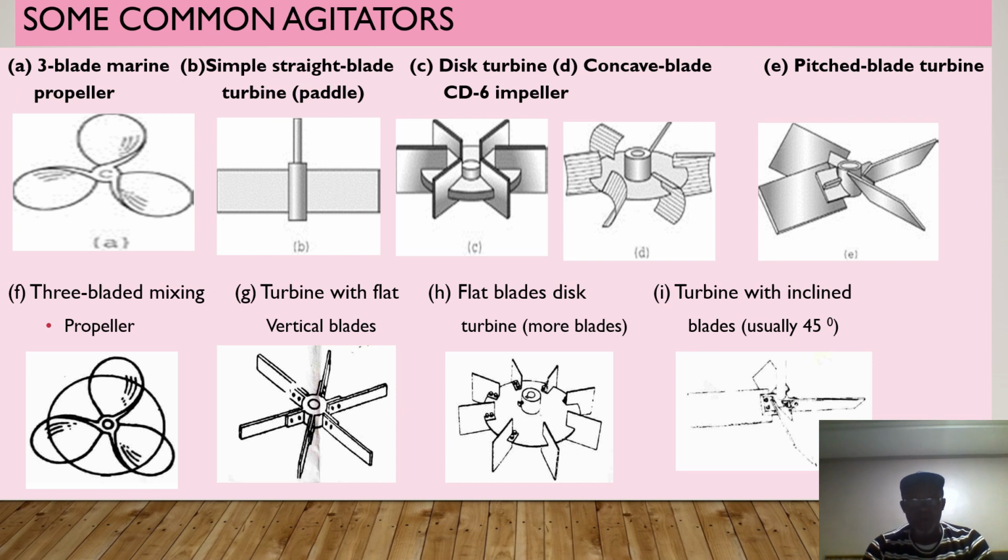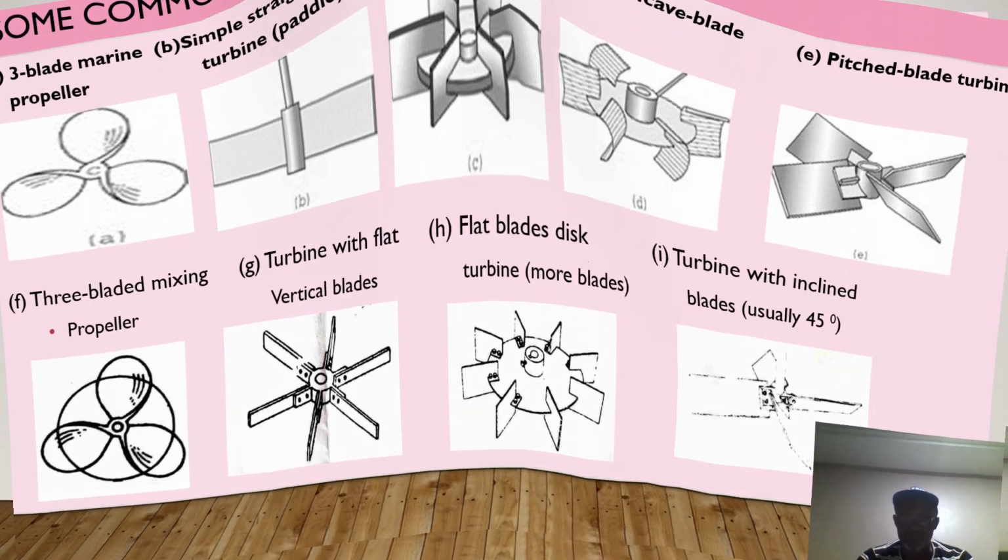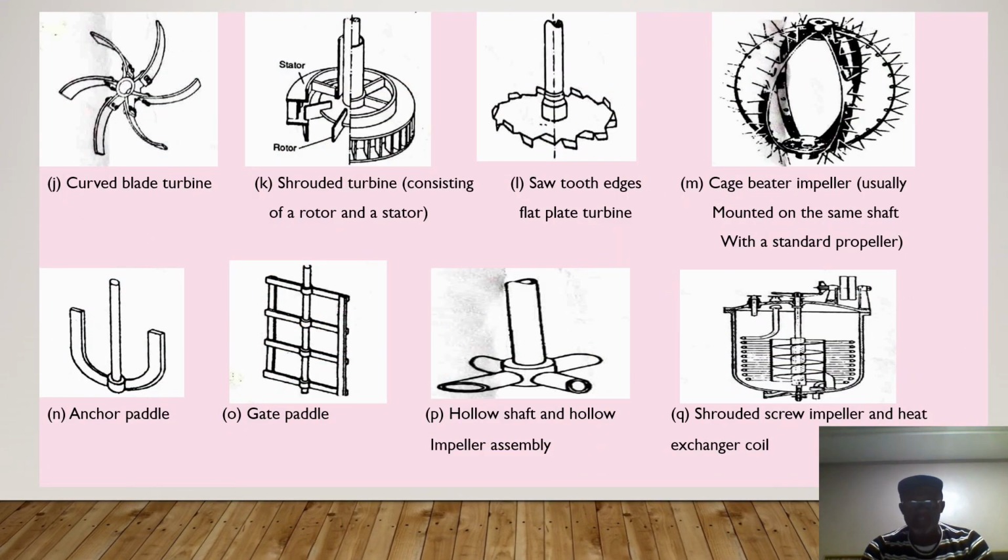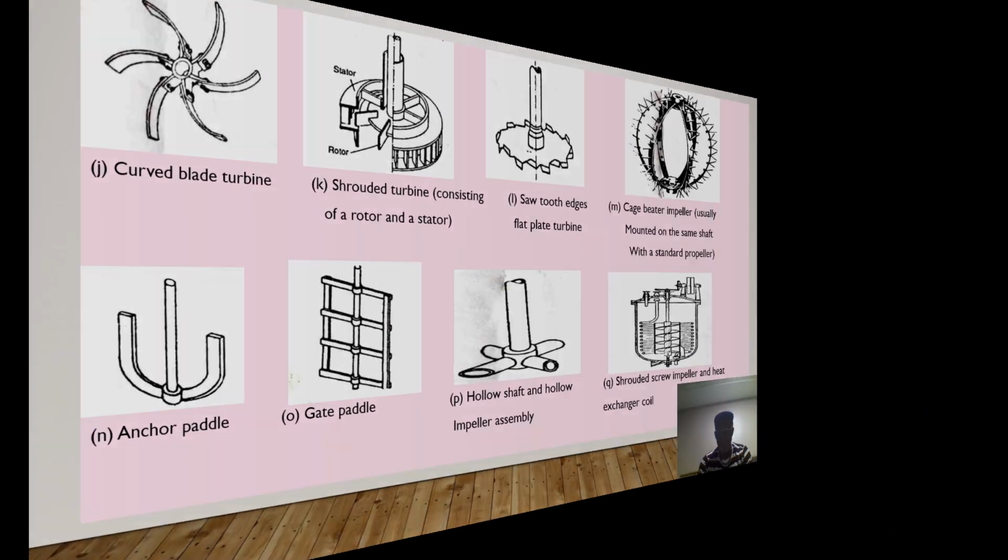So we try to list many different types of common agitators in use: curved blade turbine, anchor paddle, gate paddle, and so on. The type of liquid or material we want to mix determines what type of agitator we can use.